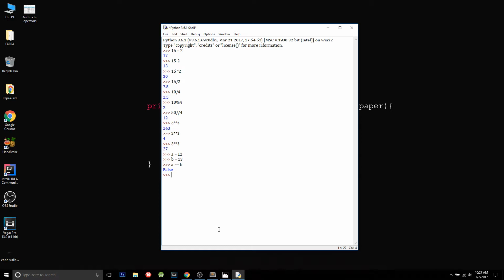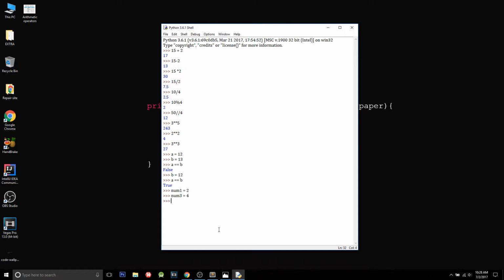So let's say b equals 12, and then a equals equals b. Now this is true because a equals 12 and b equals 12. So this was for equals to. Similarly, for not equal to, let's say num1 equals 2, num3 equals 4.